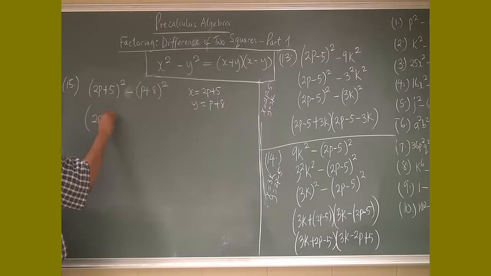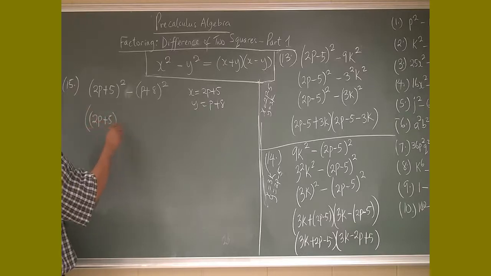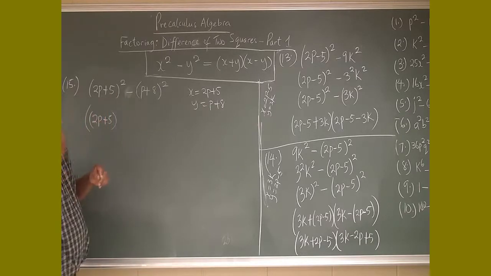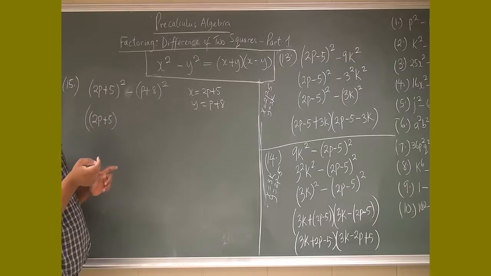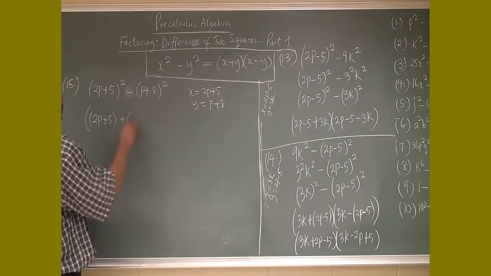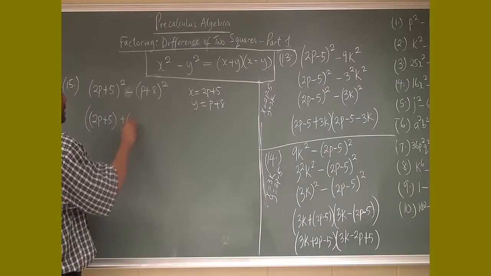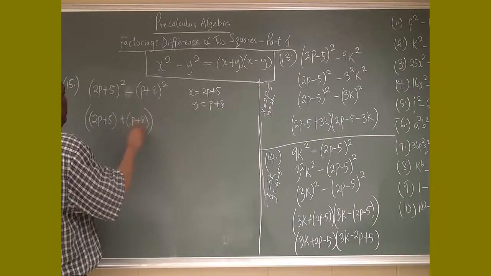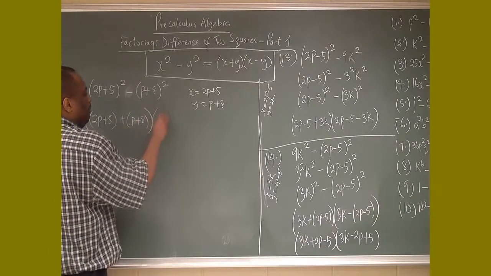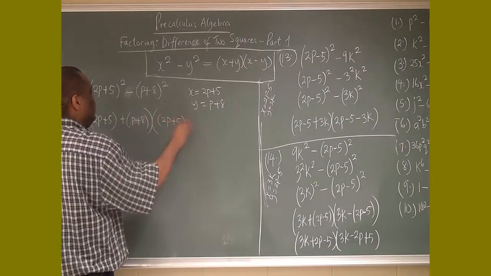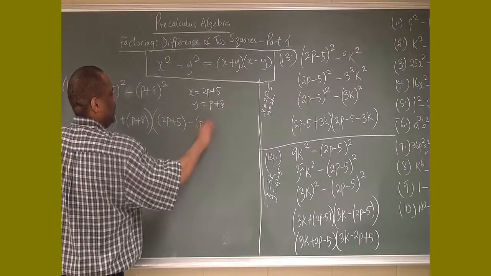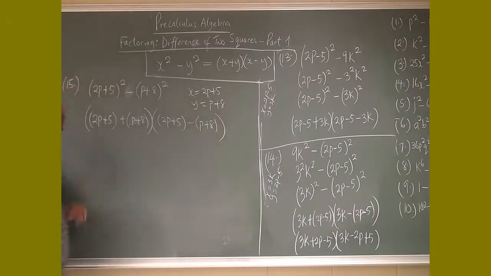2p plus 5. Let's put all this in parentheses. When you have a binomial, put it in parentheses, just to be on the safe side. Plus p plus 8. I close this. Times, I open up 2p plus 5 minus p plus 8, and I close it. Now let me use distributive property and expand it.